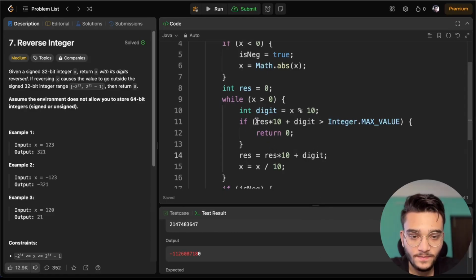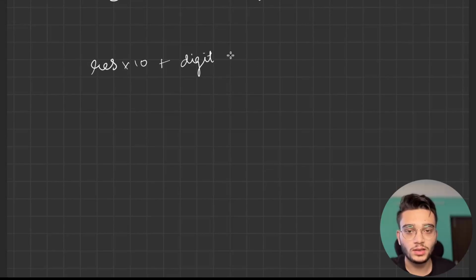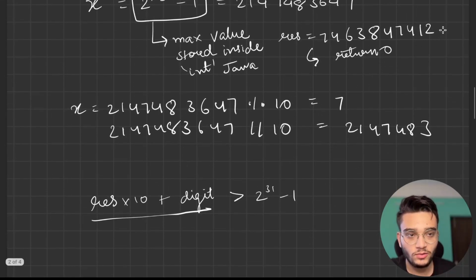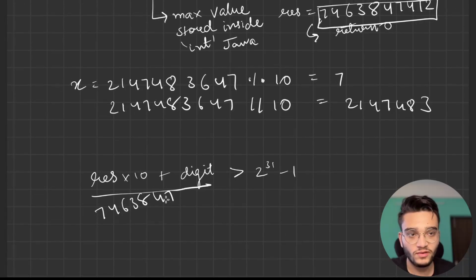The problem is that when you say res into 10 plus digit is greater than your integer's maximum value, which is 2 to the power 31 minus 1, this value is equal to this particular number, 7463847412.